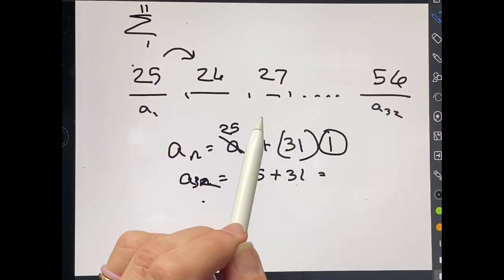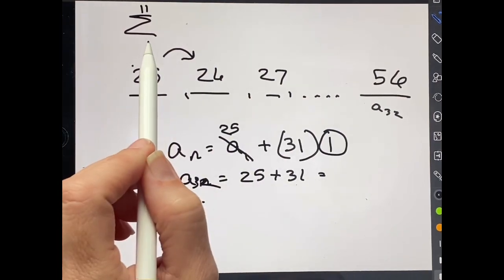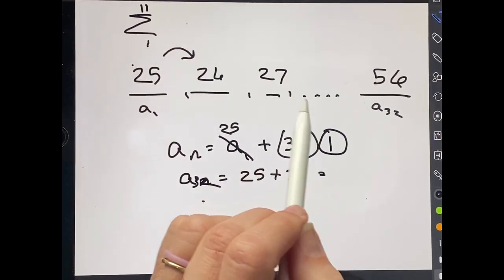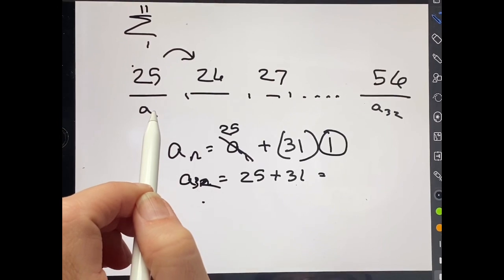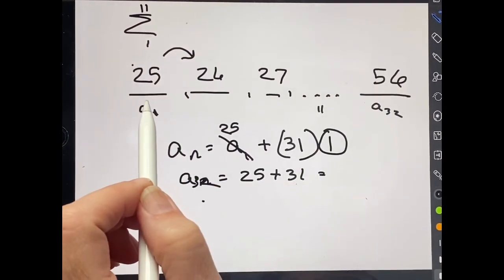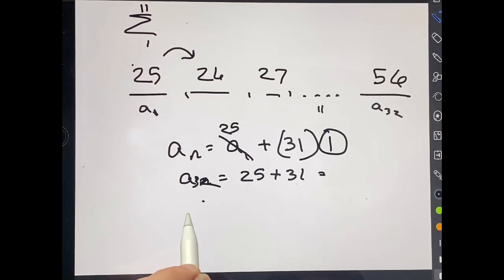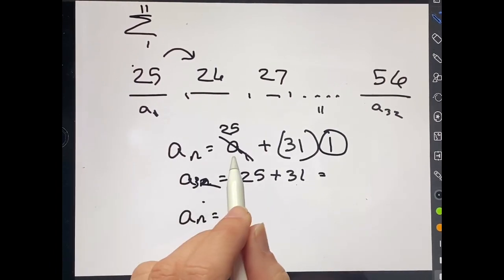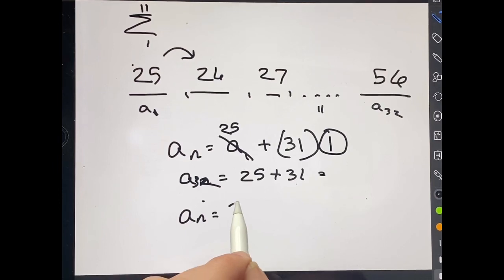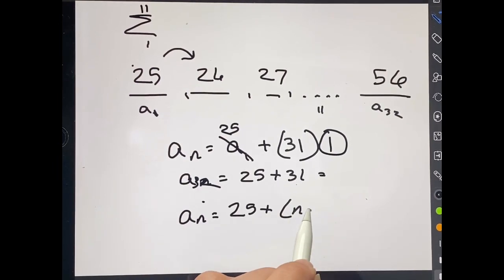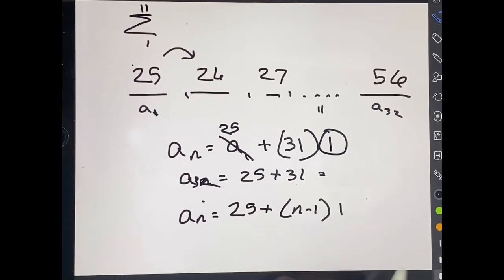How many seats are from row 1 to row 11? Well, from row 1 to row 11, we know that we are going by the formula. Our first one is 25 plus n minus 1, and we're jumping by 1 each time.